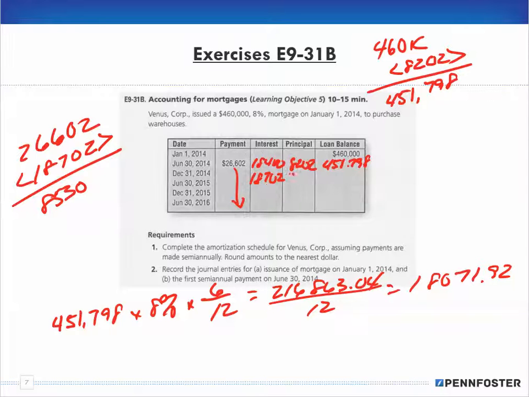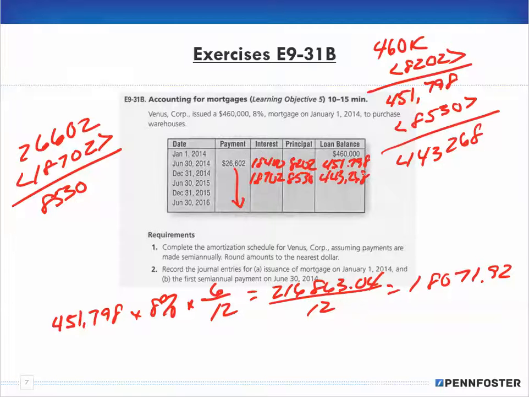Then of course we have to subtract the 8530 from the previous loan balance of 451.78, and that gives us a new loan balance of 443,268. Okay, so I just did June and I just did December.